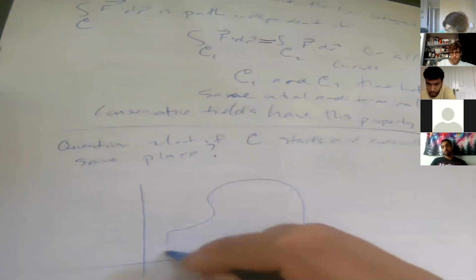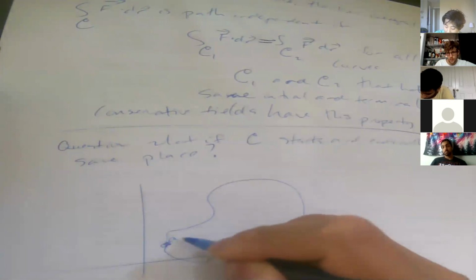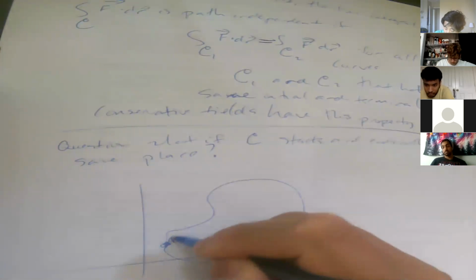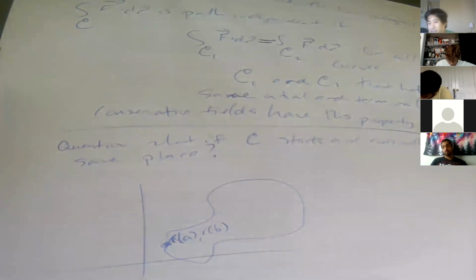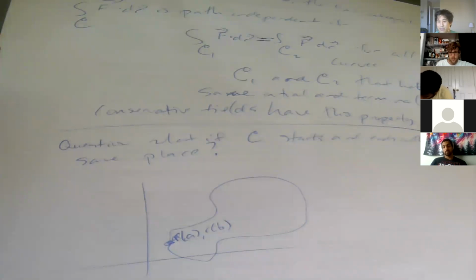So I have some vector field. It does this. This is A and B, R of A, R of B. Now I see why the confusion of A and B is times and points, because sometimes I use them as points and sometimes as times. But I'll try to keep them as points here. What should this be if my field is path independent? If the integral is path independent?